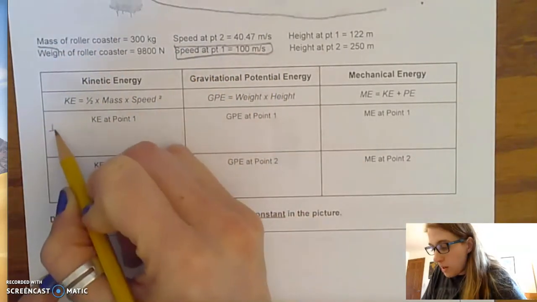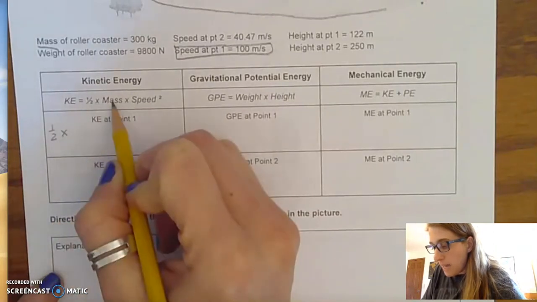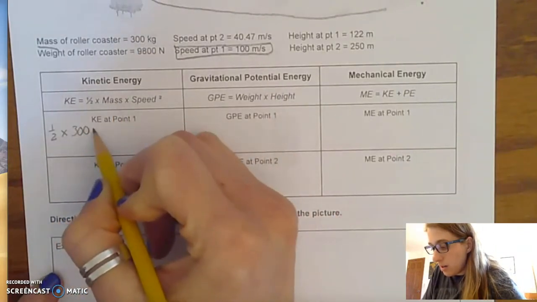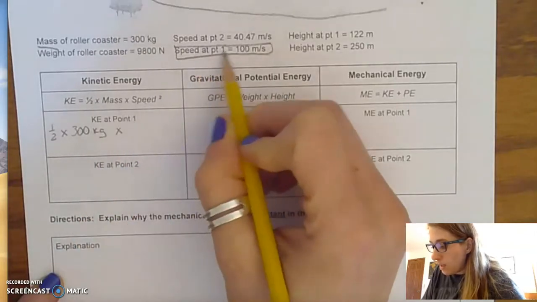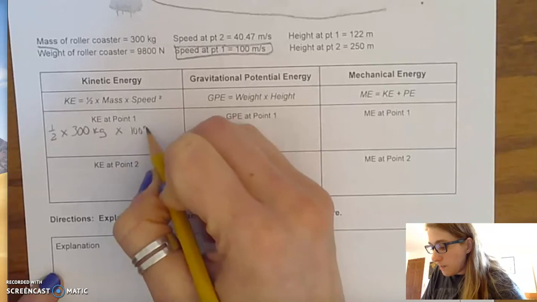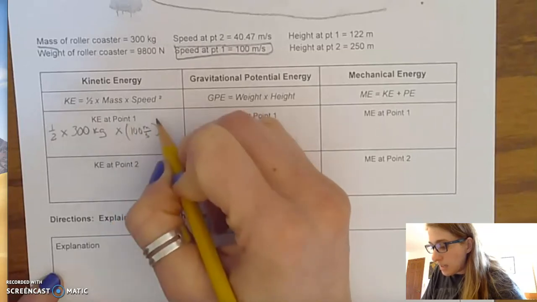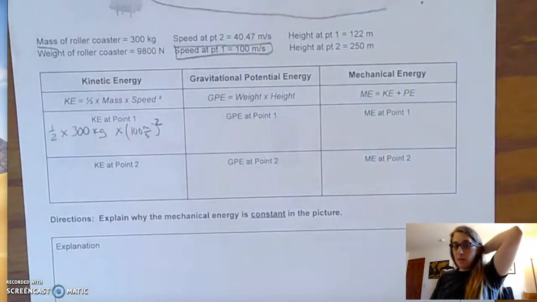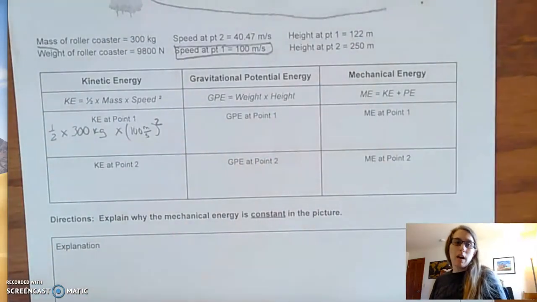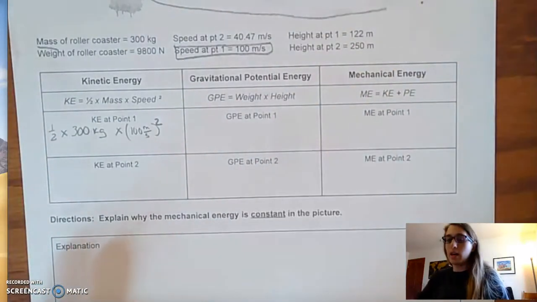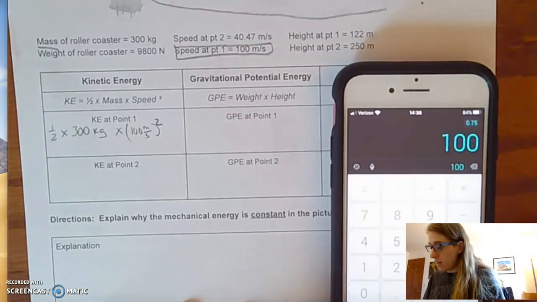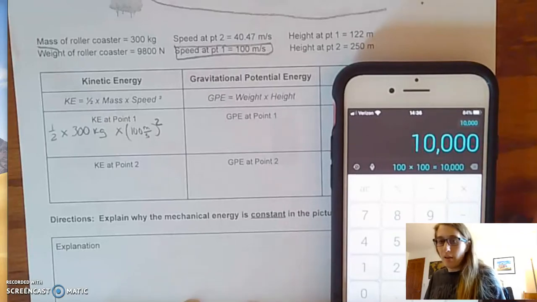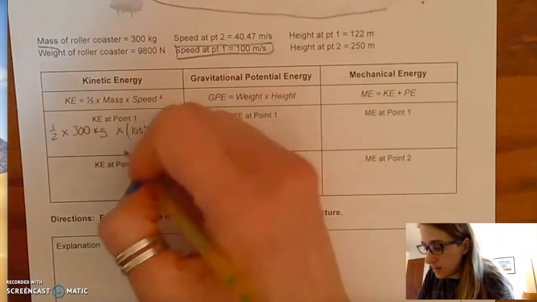I take 1/2 times my mass, which is 300 kilograms, times my speed at point 1, which is 100 meters per second, and then I need to square it. If I'm going to do this in order of operations, I need to do my squaring first. So I have 100 times 100. That's how we square. We take it times itself. So that's 10,000.